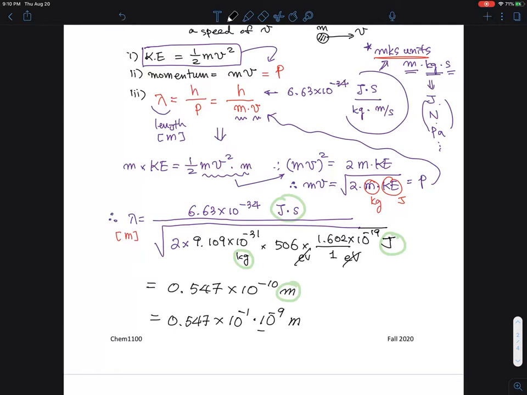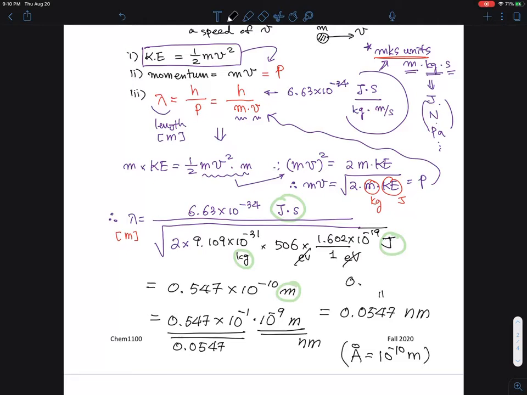So this becomes 0.0547 nanometers. Chemists also use a unit called the angstrom, which is 10 to the minus 10 meters, so this is also the same as 0.547 angstroms. These are all different length scales that we use as chemists.